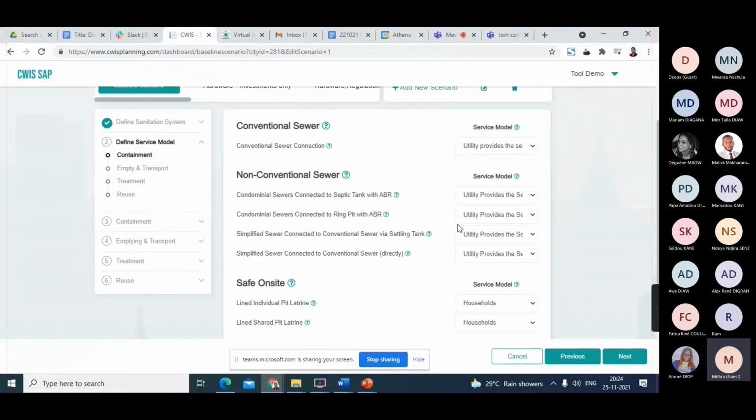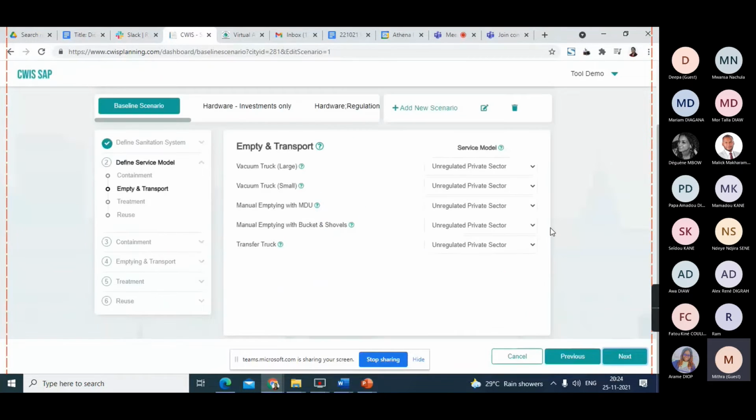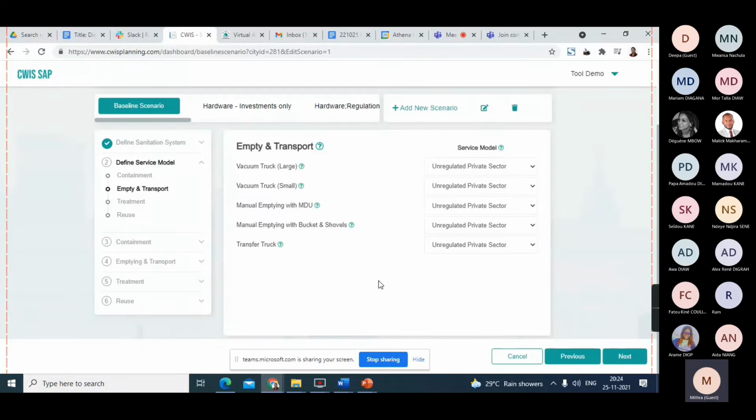Here, this section is arranged in such a way that we have options to choose, such as households or utility finance, say for example in a containment section, or if you move to emptying and transportation, again we have who provides a service, like unregulated or regulated, or is there a coexistence of all of these, and if there is a utility presence. So also this mapping allows us to define who provides the service, and also in the tool, the respective number of the hardware, capex, opex, and price charged with respect to this service provider.